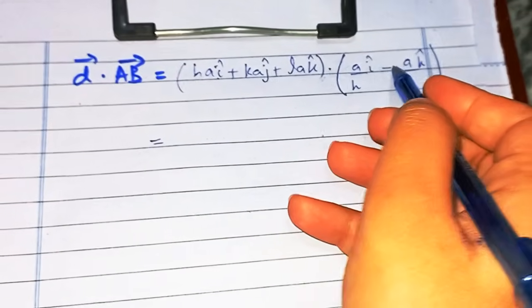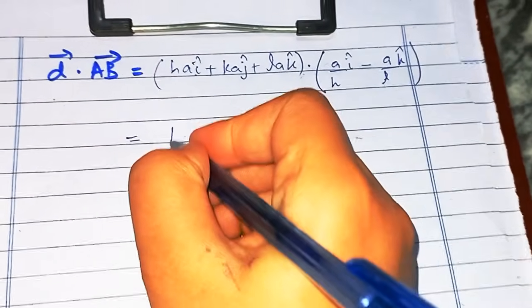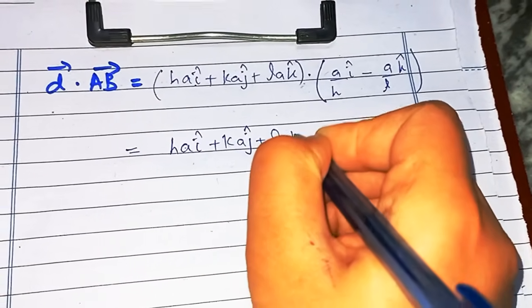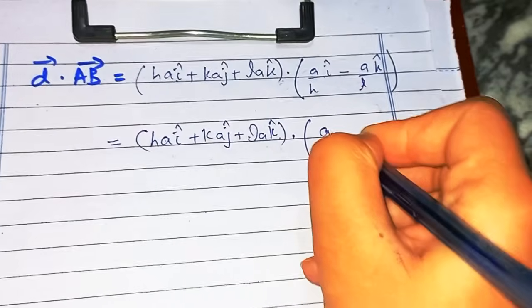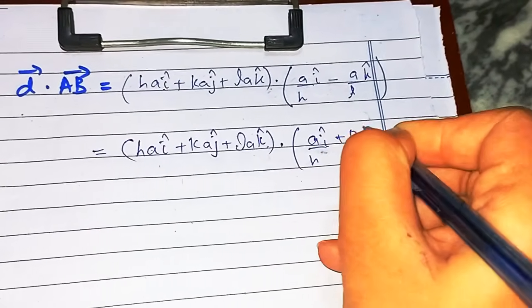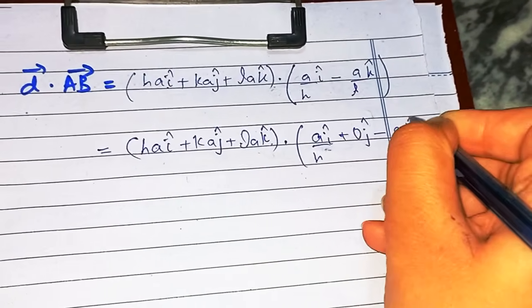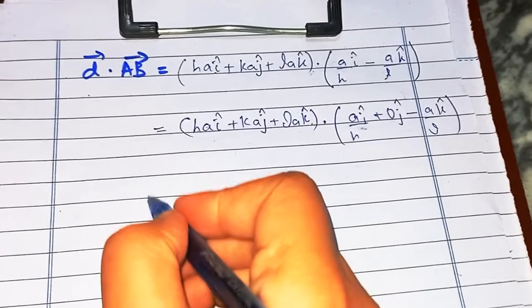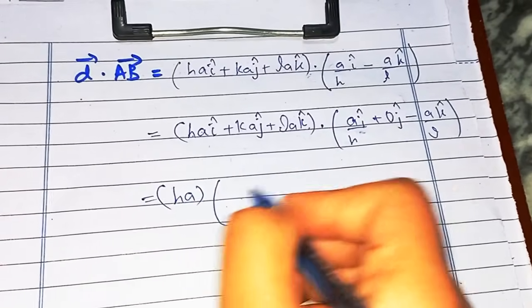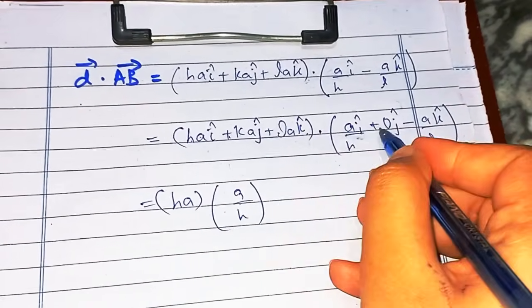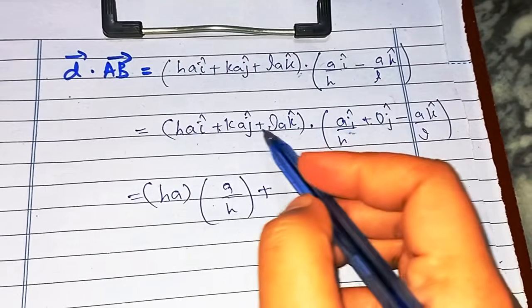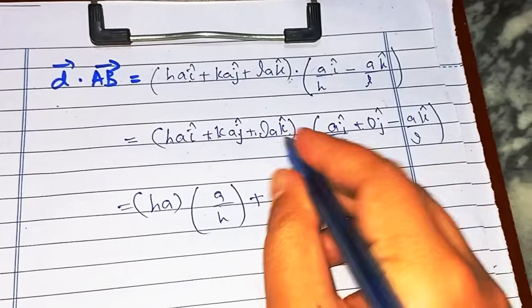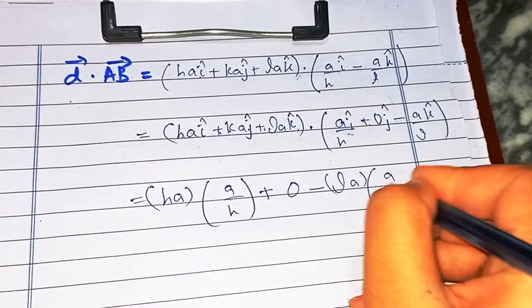We don't have J hat in here, so we need to write 0 in place of it: 0 J hat. So the I hat component will multiply with the I hat component, HA into A by H, plus KA into 0, which is 0, plus minus minus LA into A by L.